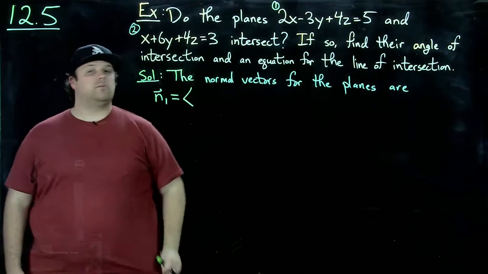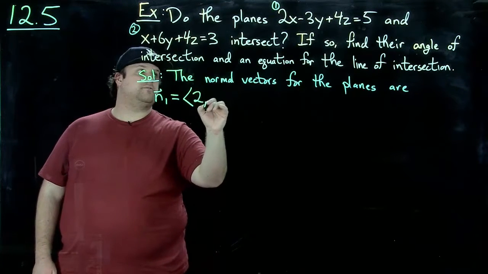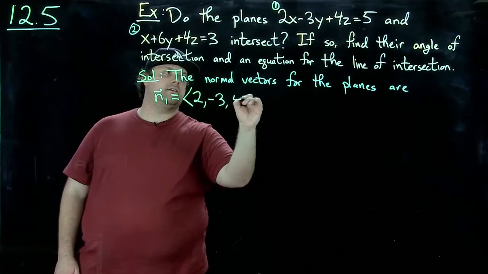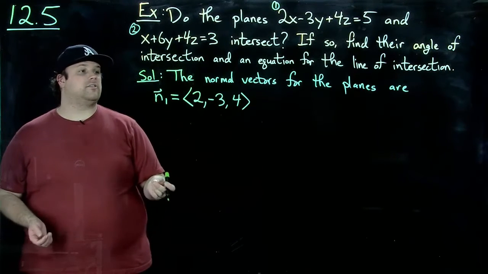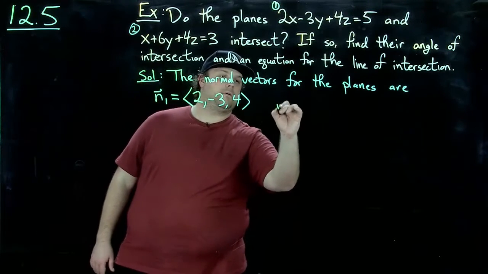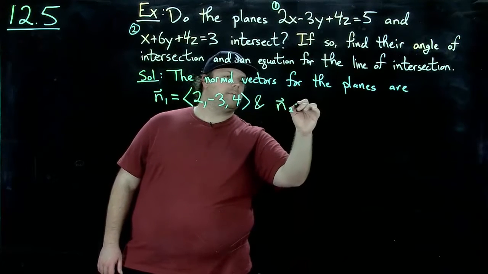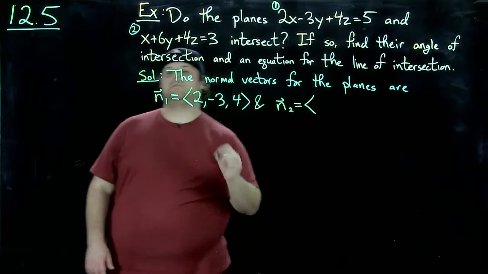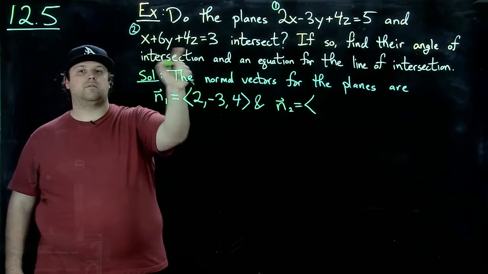Okay? So that gives us the normal vector for the first plane: 2, minus 3, and 4. And to get the normal vector for the second plane, we do the same thing. n2, read the coefficients: 1, 6, 4.